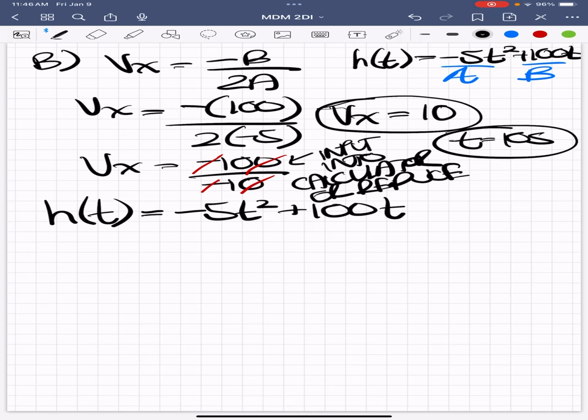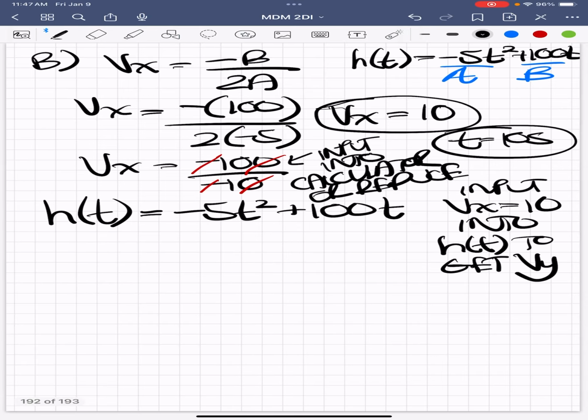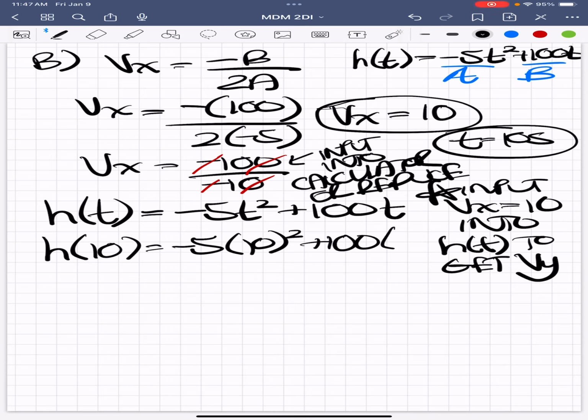And then we input x equals 10 into h of t to get Vy. We have h of 10, negative 5, 10 to the power of 2, plus 100, multiplied by 10.